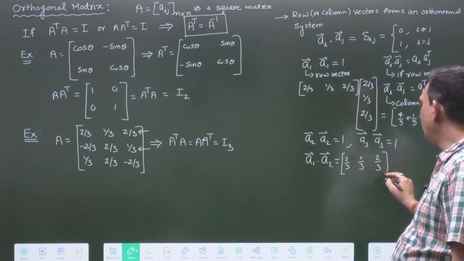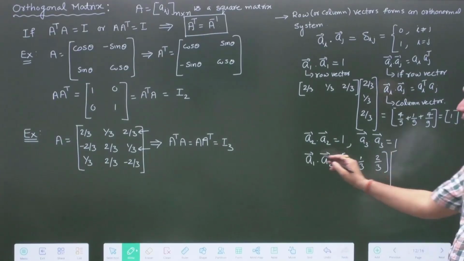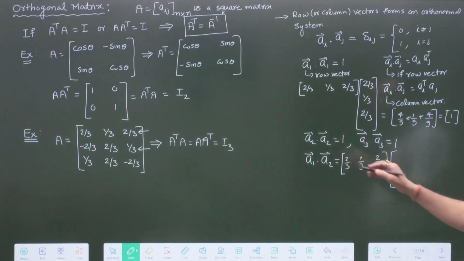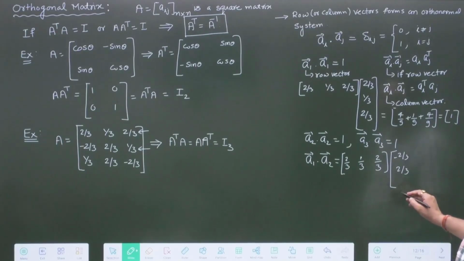A2 transpose, taking it as a row vector, will be minus 2 by 3, 2 by 3 and 1 by 3.